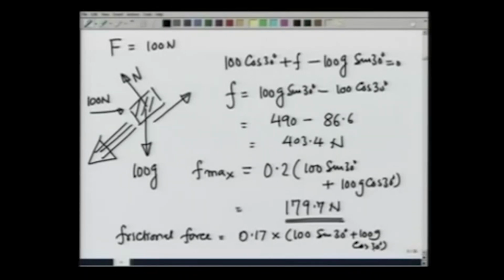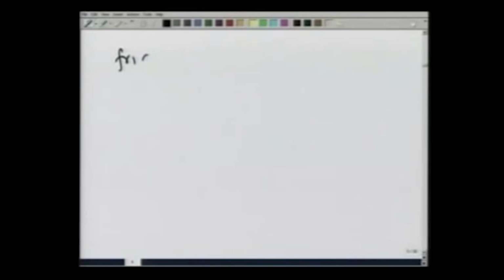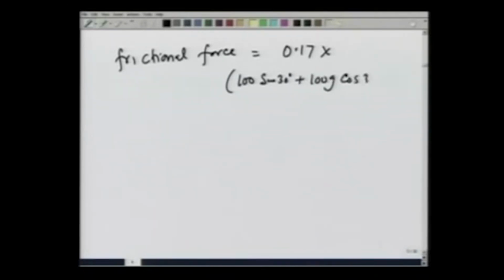Let me write it again, because now the block is sliding down. It is going to be 0.17 times 100 sine 30 degrees plus 100 g cosine of 30 degrees. You calculate this number, it comes out to be 152.8 newtons. So, therefore, the frictional force will be slightly less this time, and the block would be moving down the plane.